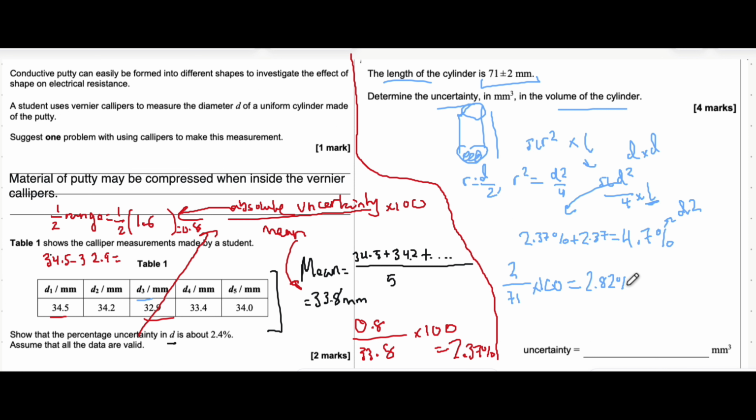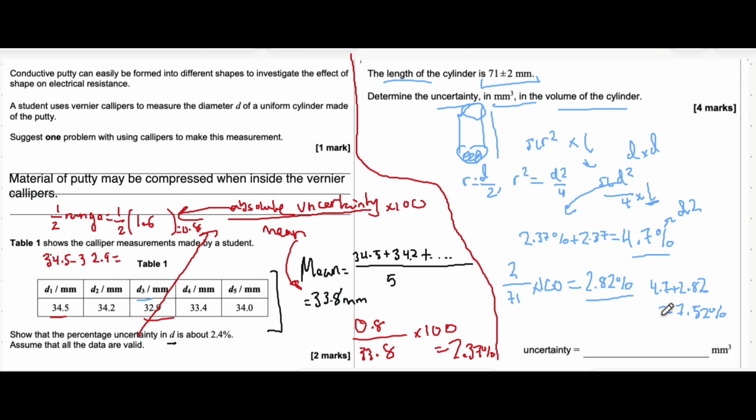As our final step, we mentioned that when you multiply variables, you add the percentage uncertainties. We're multiplying by length again here, so we add together these percentage uncertainties. 4.74 plus 2.82 is equal to 7.56.